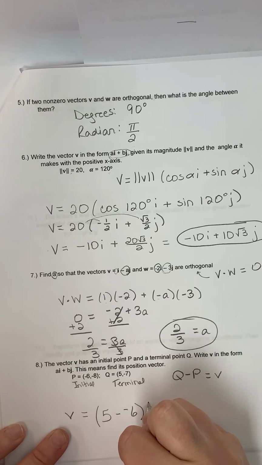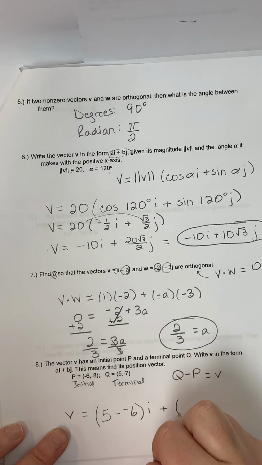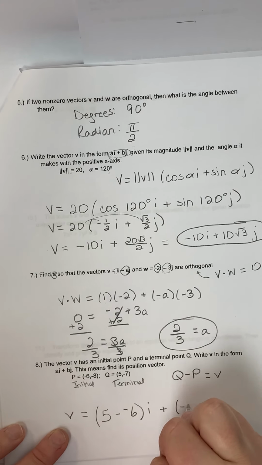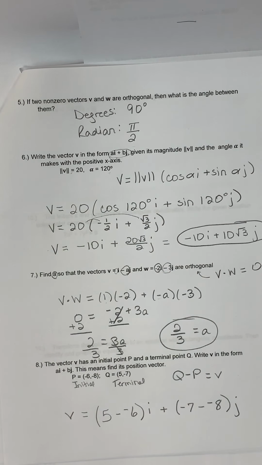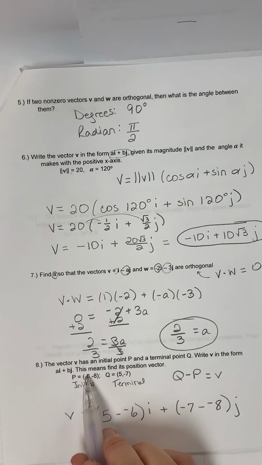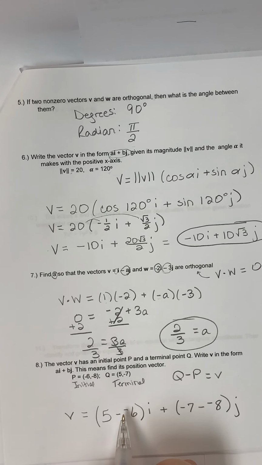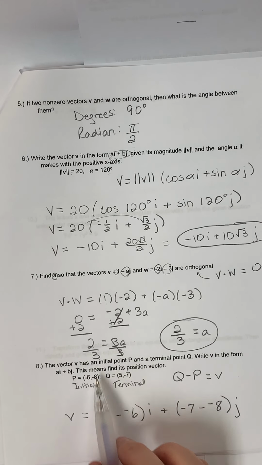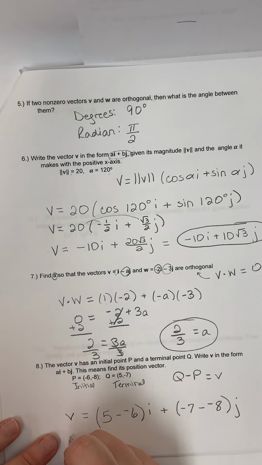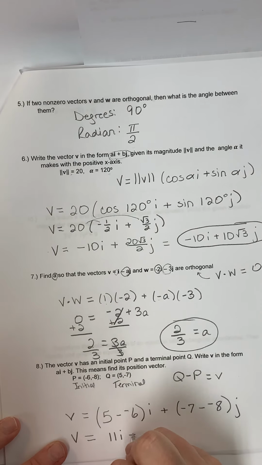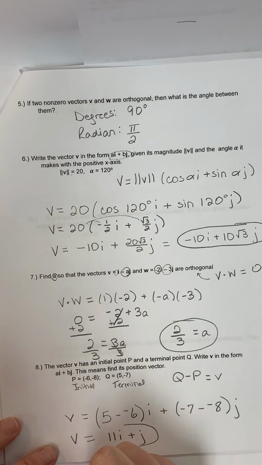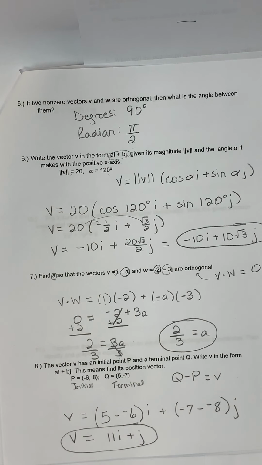That's my I component. Negative 7 minus negative 8. That's my j component. So I'm just subtracting that first component of each, subtracting the last component of each. This is going to give me 11i plus 1j, or just j. That's the position vector.